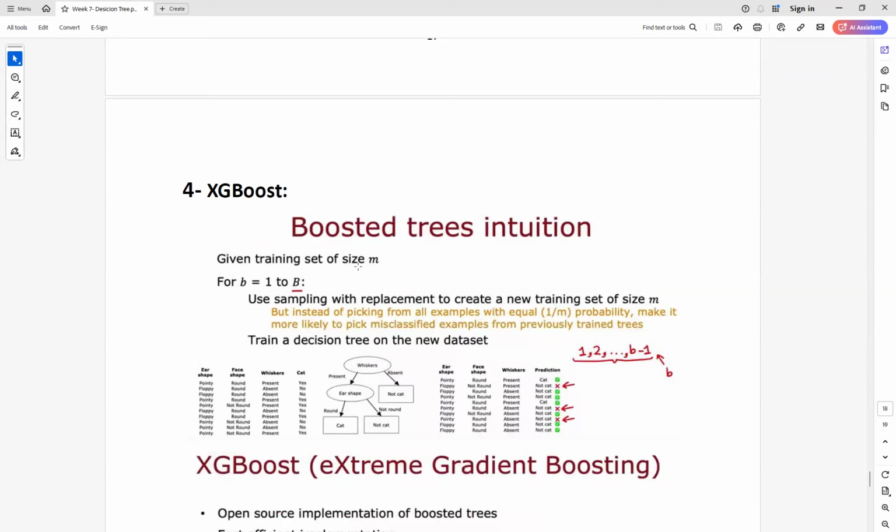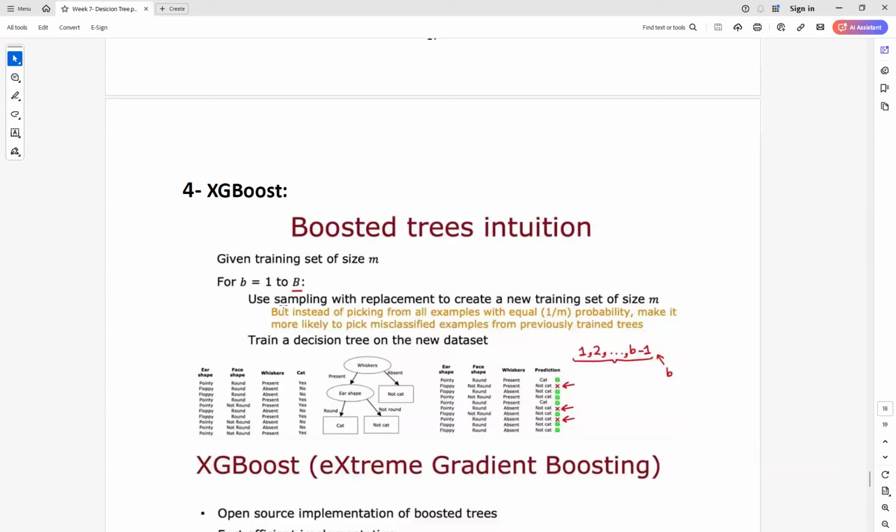We have a training set of size M, then we follow this for loop, small b equal to 1 to capital B, and we use sampling with replacement to create a new training set of size M, and then train a decision tree on the new data set.